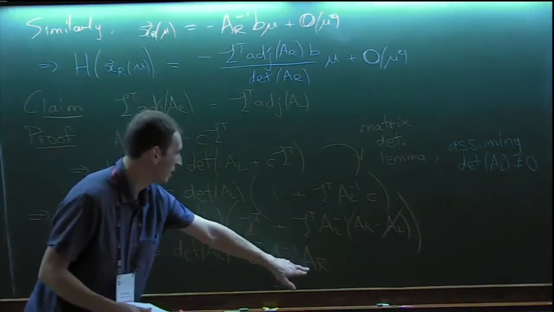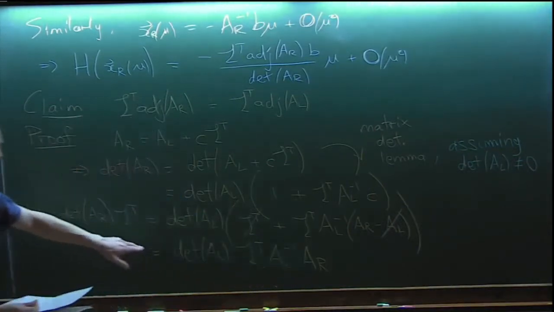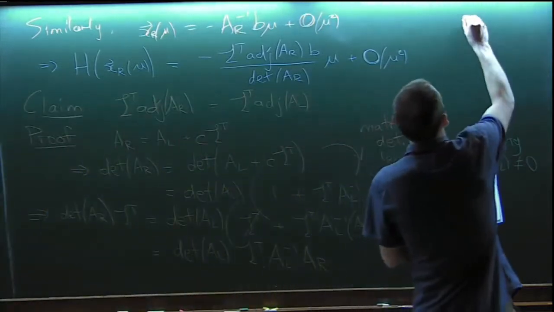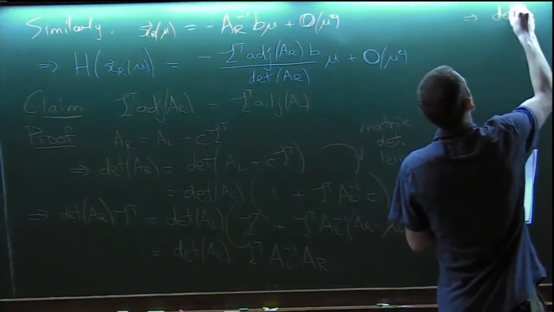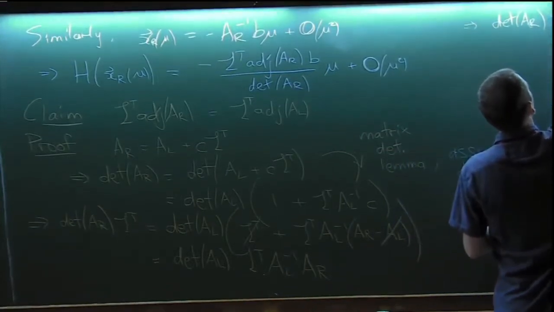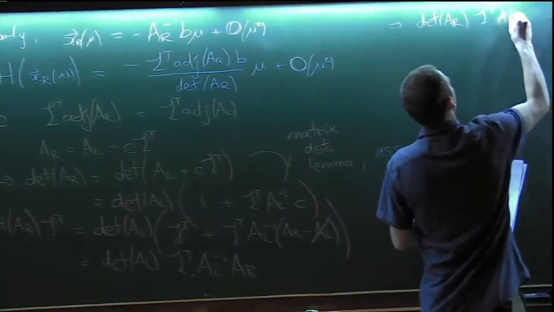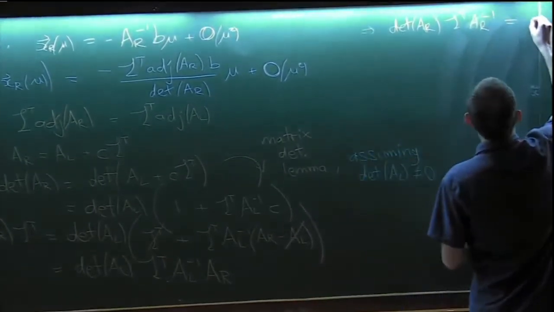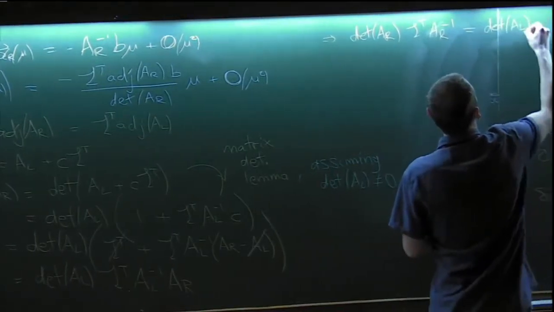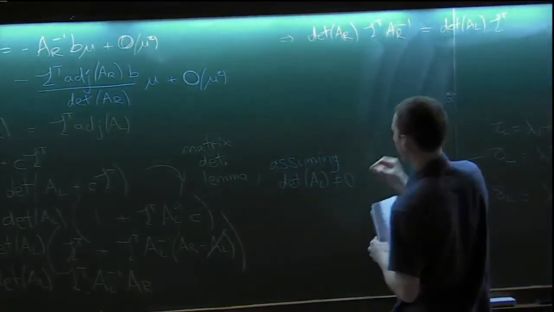Okay, so then I'll move the matrix AR onto the right. So determinant zeta transpose adjugate equals zeta transpose AL inverse.